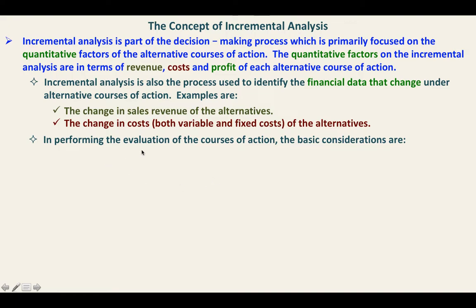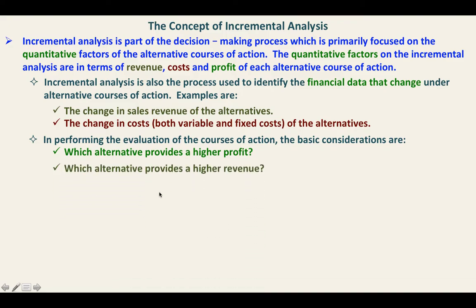In performing the evaluation of the courses of action, the basic considerations are, if we will perform already a decision, since incremental analysis is based on quantitative factors, the first one is which alternative provides a higher profit. If you are comparing alternatives based on their profit, obviously, you have to choose the alternative with higher profit.